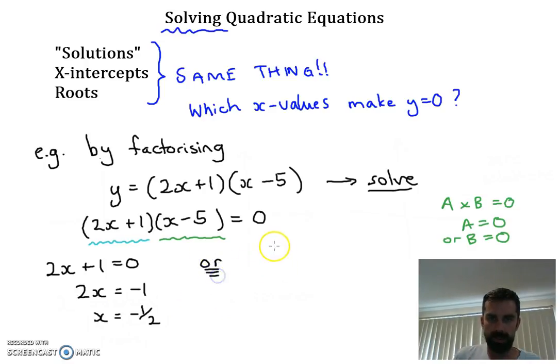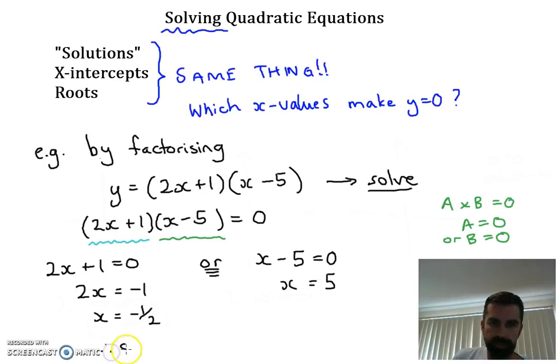Or the other possibility is that x - 5 = 0, in which case we just add 5 to both sides, x equals 5. So the two solutions, or x-intercepts, or roots, whichever one you want to call it, are x equals negative a half.